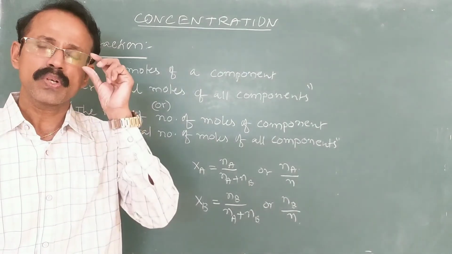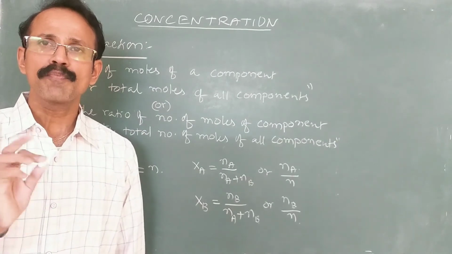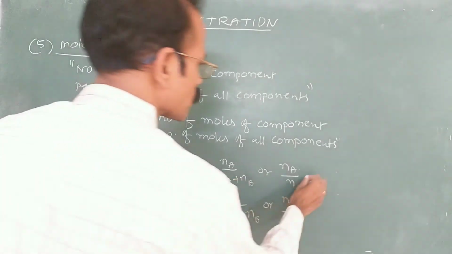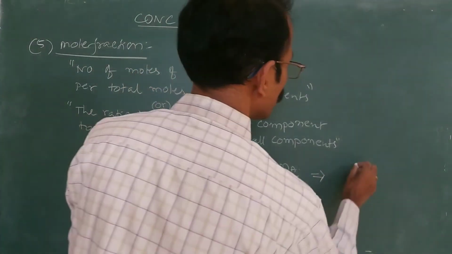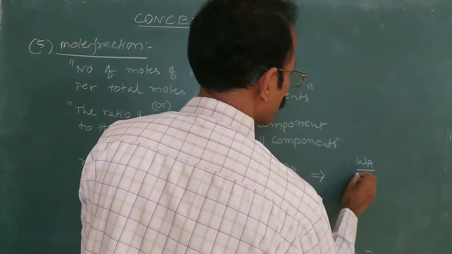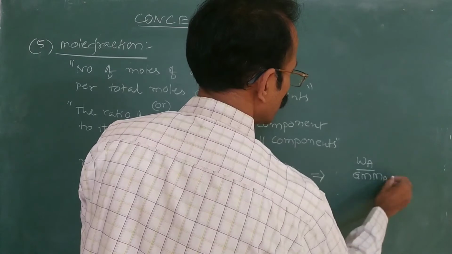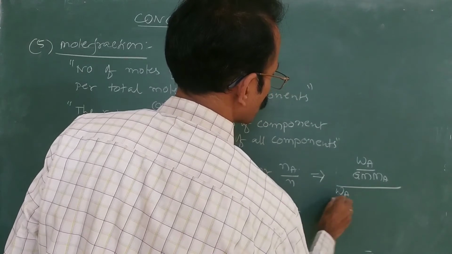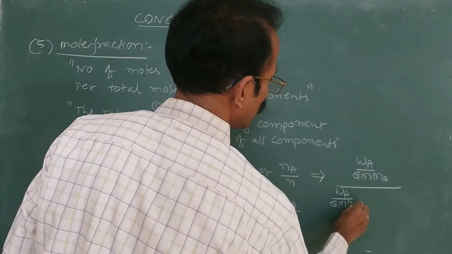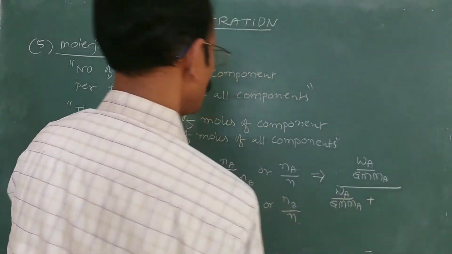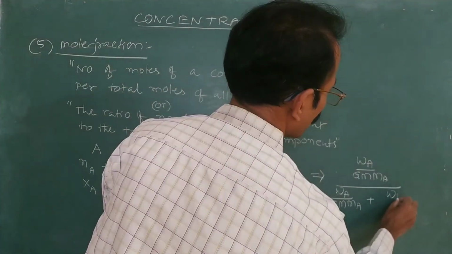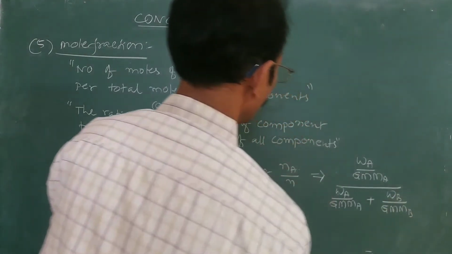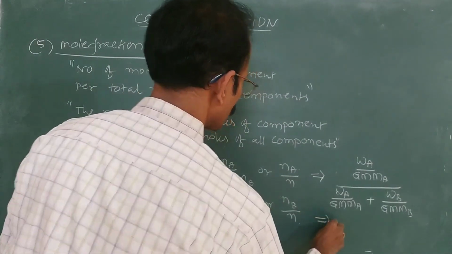Now we can substitute the number of moles with mass by molar mass, right? So the number of moles of A can be written as Wa divided by the gram molar mass of A. Okay, so this gives the number of moles of A divided by the number of moles of A, again we can write Wa by gram molar mass of A plus the number of moles of B, that is again the mass of B divided by the gram molar mass of B. Similarly, this formula can be written like this also.